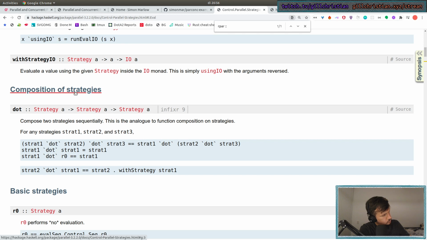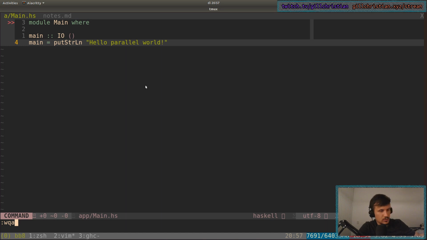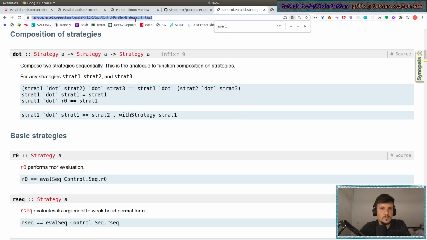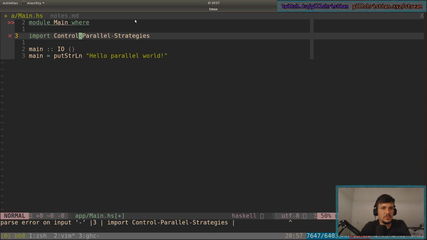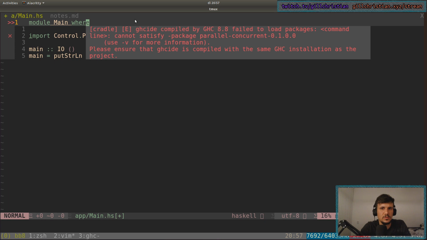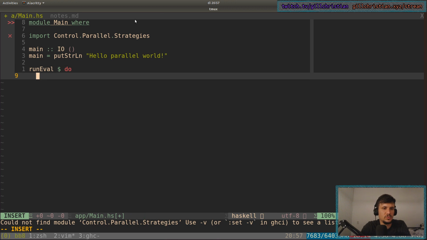Okay, but it starts to get interesting. Import for parallel. The example is, okay.